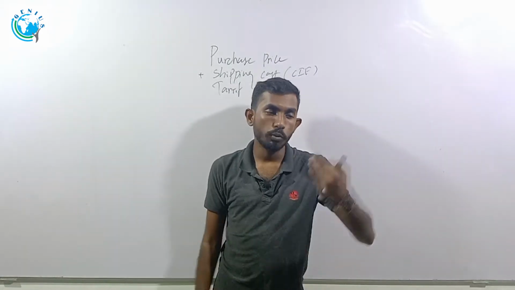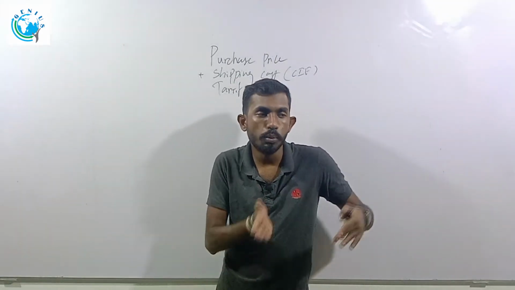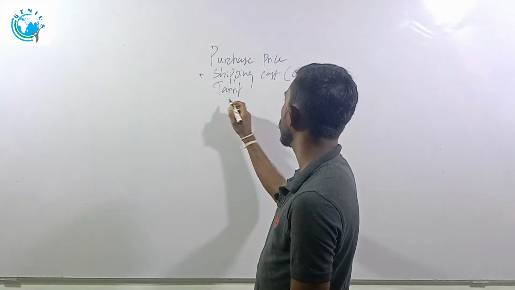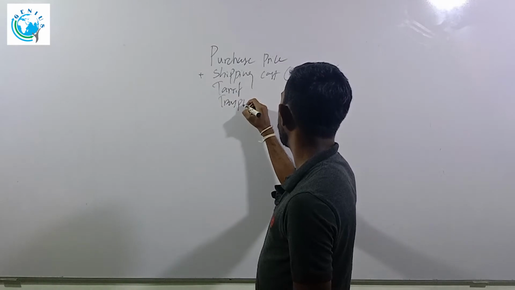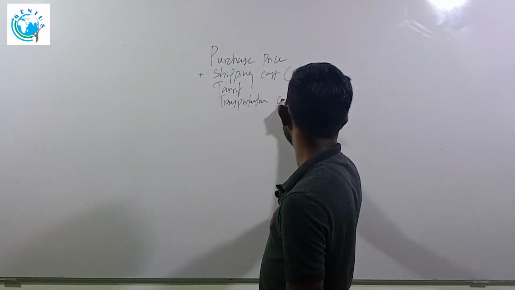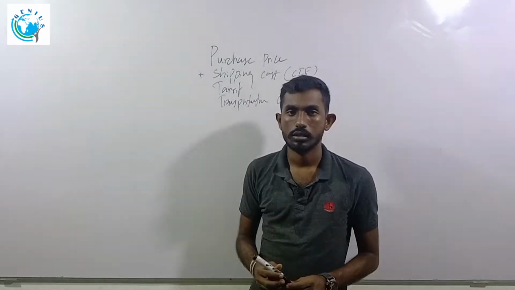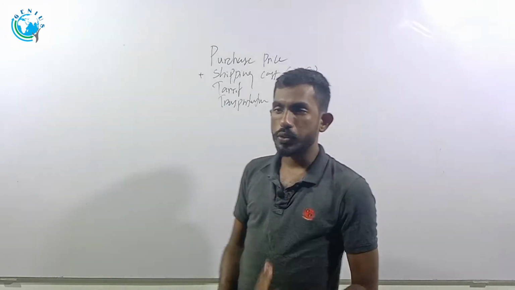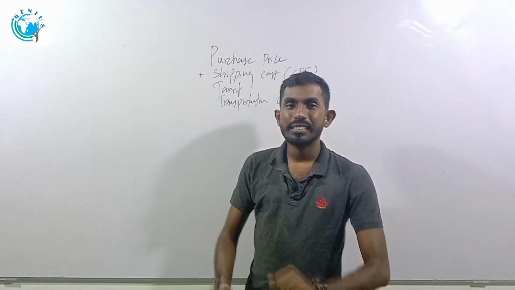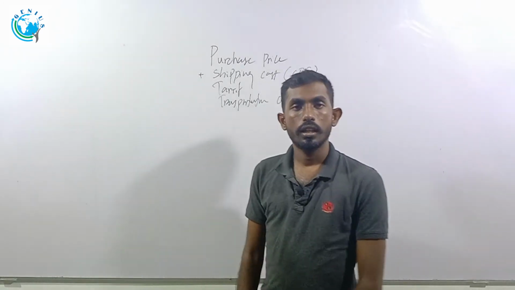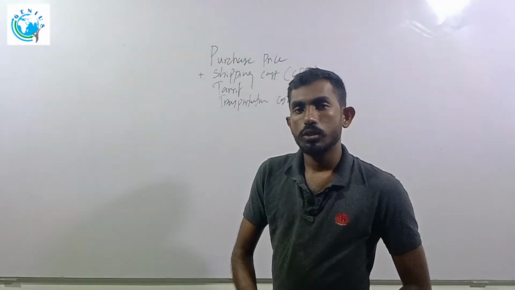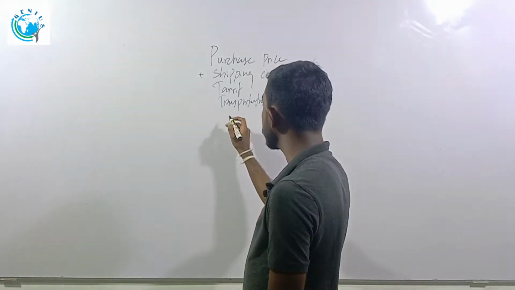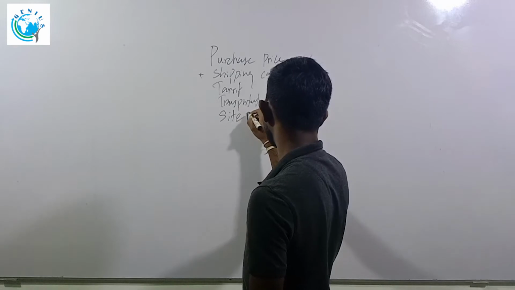Then from the harbor to my factory, I have to transport that machine. For that I have to incur another transportation cost. Right. Now the machine is there in my factory, but still I can't use that machine. Why? For some machines we need to prepare the site, so we have to incur site preparation cost.